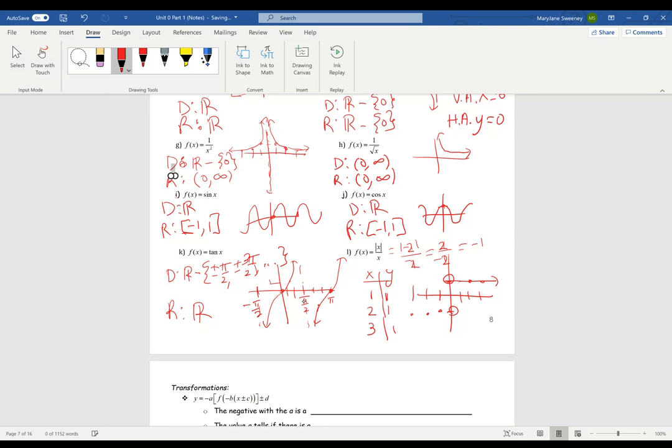Same thing's going to happen. So this is just down here. So domain, all reals except for 0. Range can only be -1 and 1. Maybe I shouldn't use a plus sign. -1 and 1.